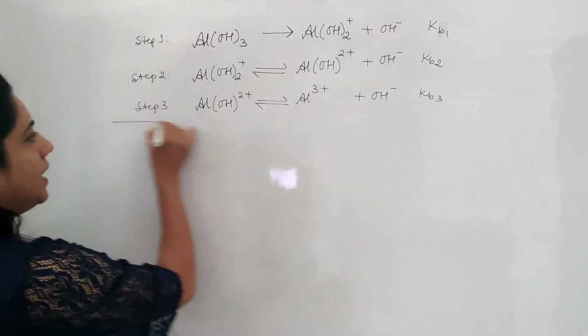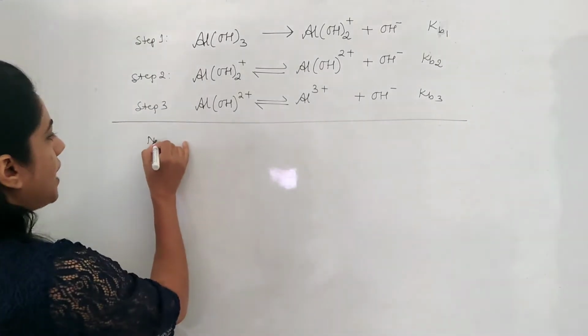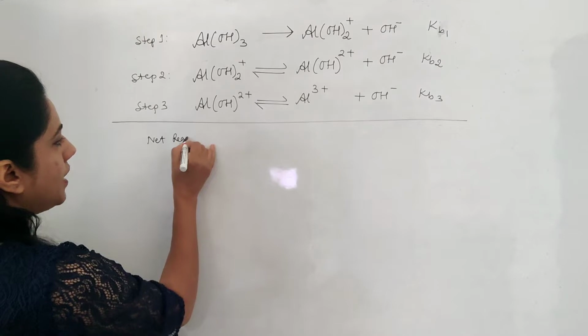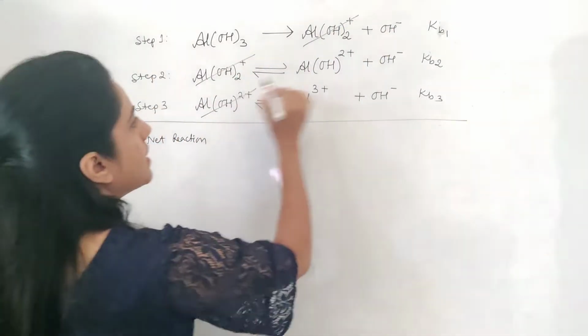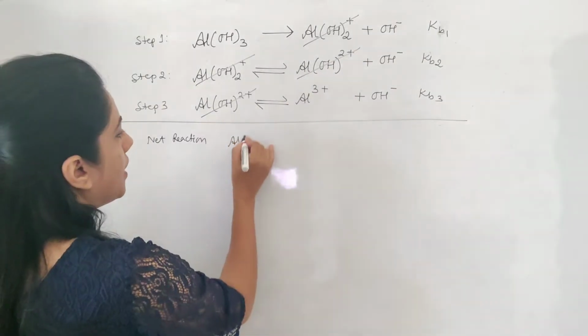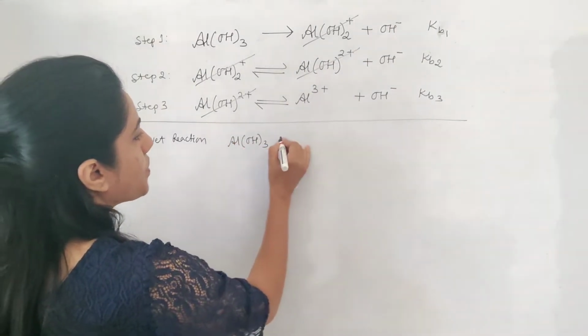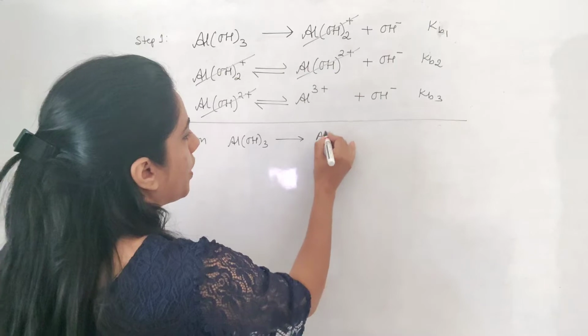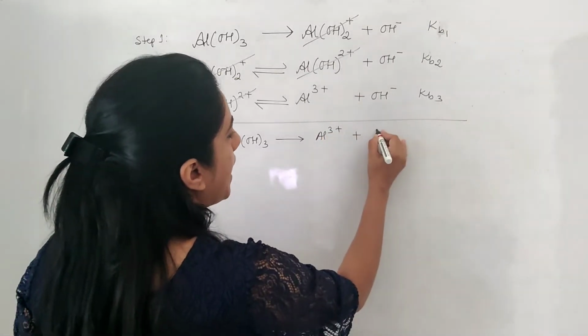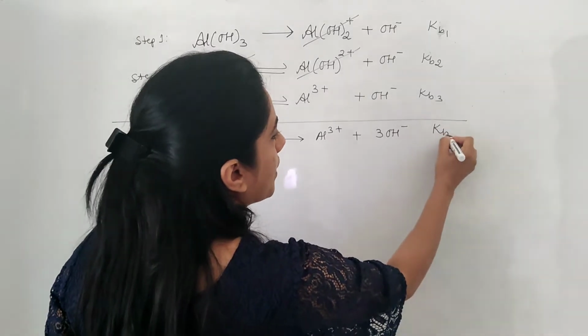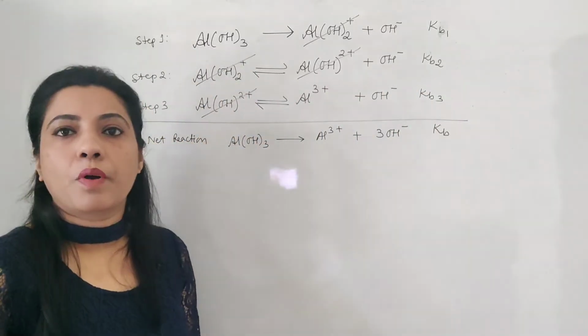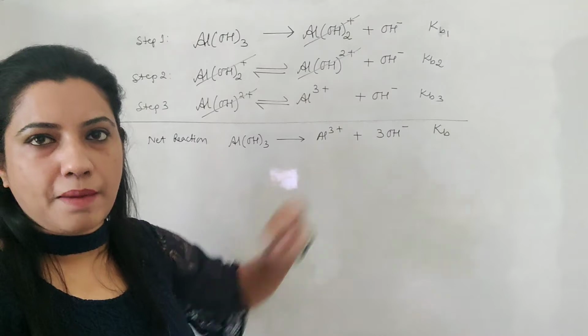Now we will see the net reaction. If the reaction happens in one step, what is the reaction? This and this will get cancelled, this and this will get cancelled. In the net reaction, aluminium hydroxide will dissociate to give you aluminium 3 plus and 3 OH minus, and suppose the net reaction's equilibrium constant or ionization constant is Kb.